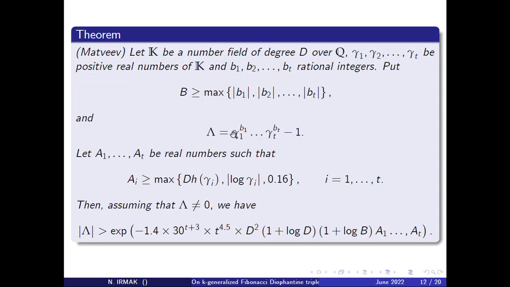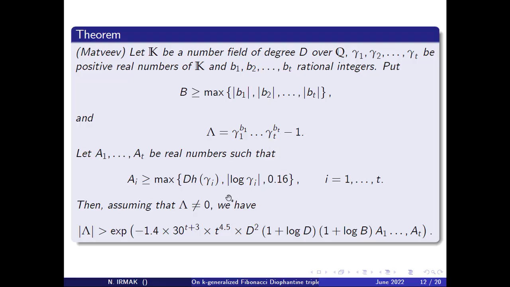The Matveev theorem, as you know, gives lower bounds for gamma, which is defined as gamma 1 power b1, gamma 2 power b2, and finally gamma t power bt, minus 1.